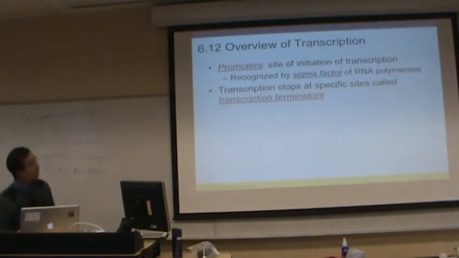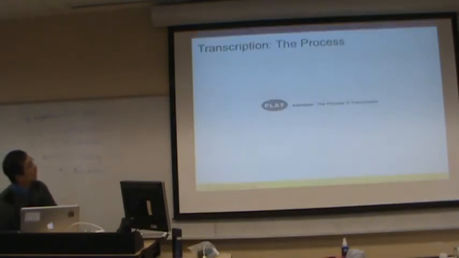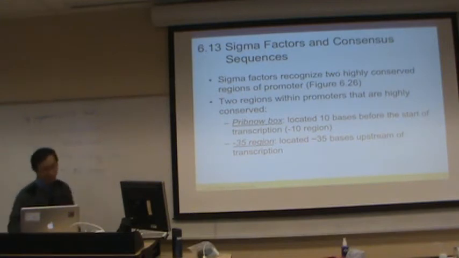Okay, so here's the part where half of you get it right. In bacteria, the promoter is recognized by sigma factor, and transcription stops by a terminator. I think I had an animation. But before the animation, the promoter usually has two regions.